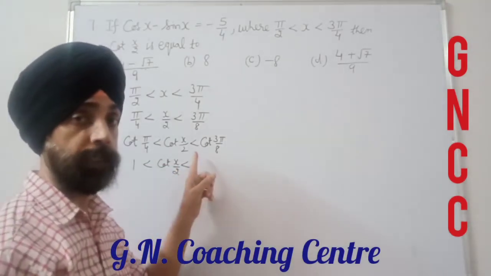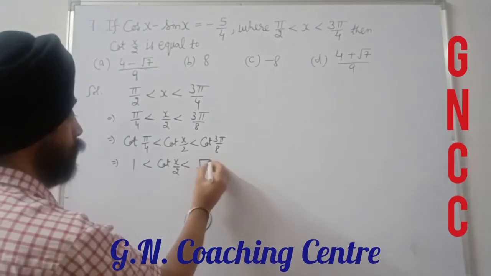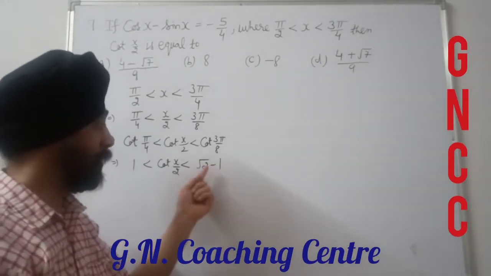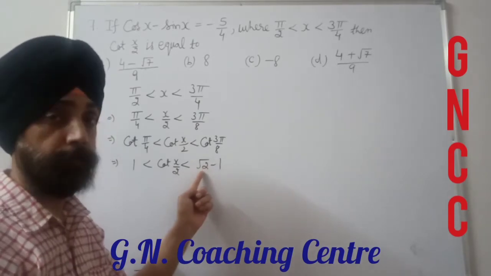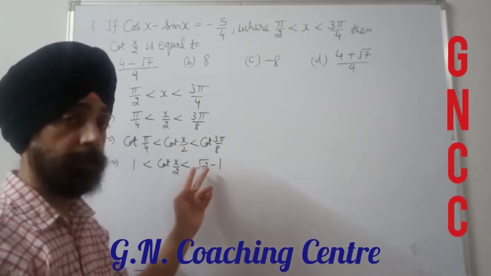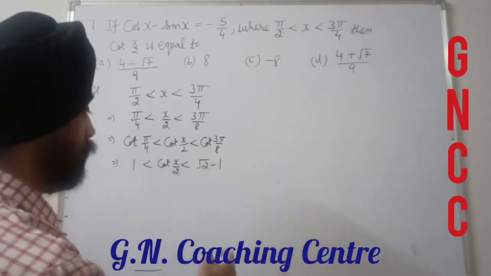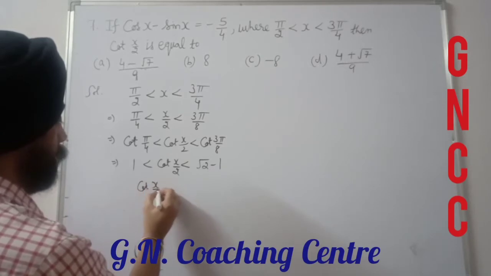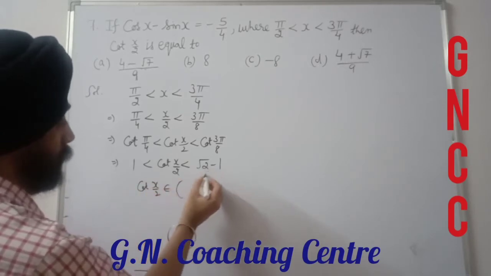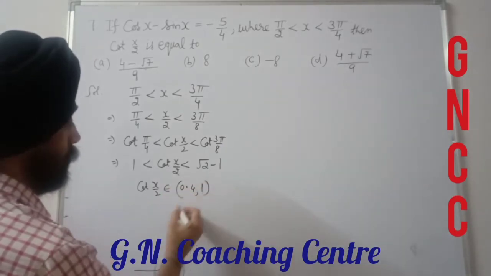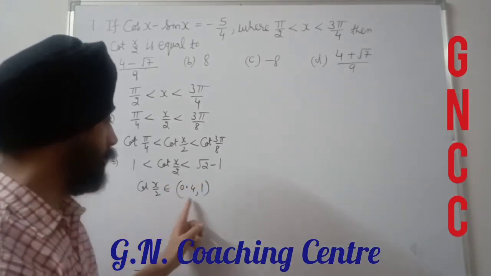It is root 2 minus 1. Root 2 is 1.414, so the difference will be 0.414, approximately 0.4. So cot x by 2 lies in the interval 0.4 to 1.